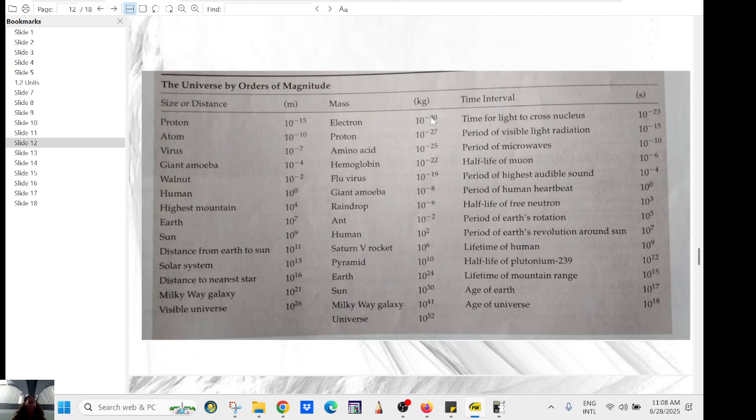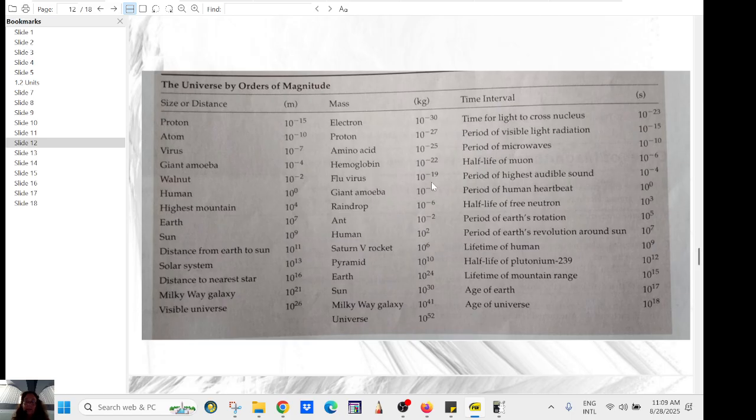Okay, so it means the electron has a mass 1,000 times less than the proton. Actually, it's 2,000, but it's order of magnitude. So that's why in the periodic table, when you have atomic mass, they don't care about the electron because it's 1,000 times less for each proton. So they just take into account the number of protons. Okay?